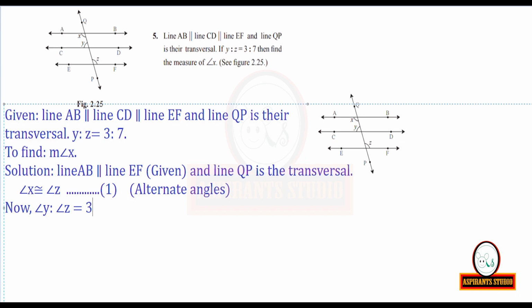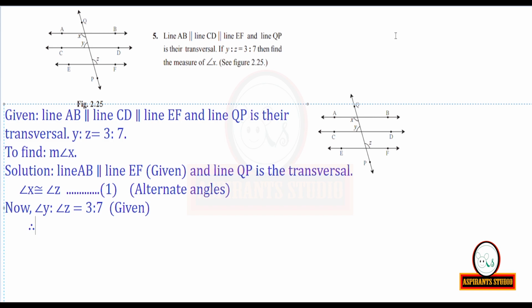Now look at equation 1. We have angle X is congruent to angle Z. That means measure of angle X will be equal to measure of angle Z. So instead of measure of angle Z here, we can replace it by measure of angle X. So you will get measure of angle Y is to measure of angle X is equal to 3 is to 7.